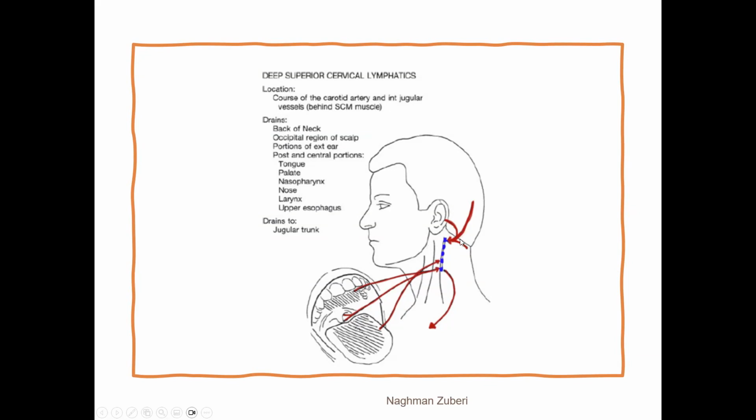They drain the back of the neck, then occipital region of the scalp, portion of the external ear, posterior and central portions of the tongue, palate, nasopharynx, nose, larynx, and upper esophagus. We can see all these arrows which are coming here. So it is draining that. And then they themselves drain to the jugular trunk.